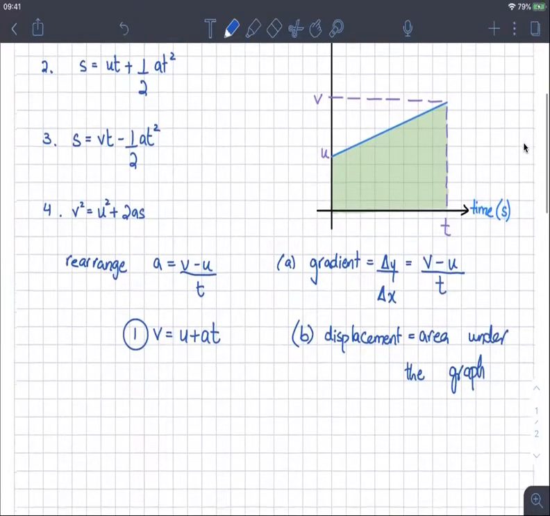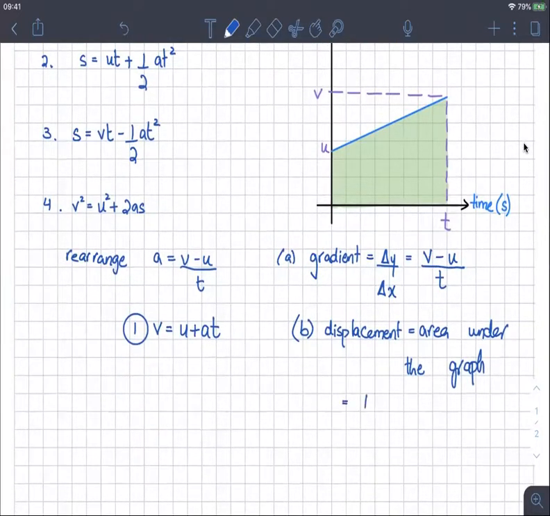Which in this case is going to be 1 over 2 multiplied by the sum of parallel sides. So what are those? One side is u, and the other side, the parallel side, is v. So it's a sum of the parallel sides, u plus v, multiplied by the height, which basically means how far apart the two parallel sides are.